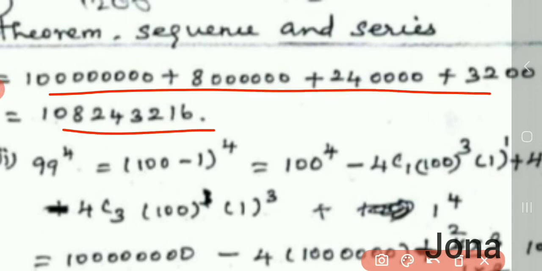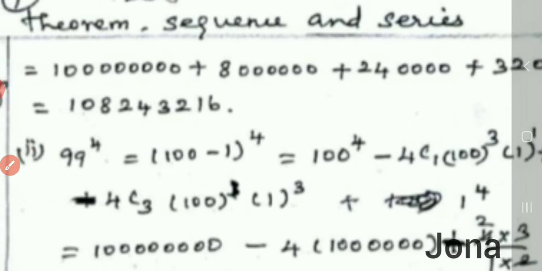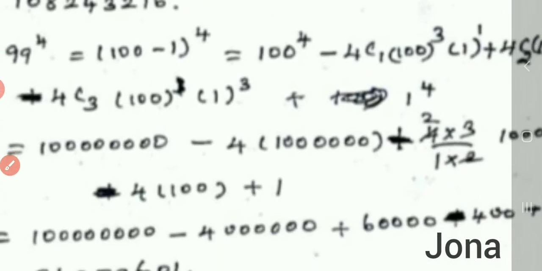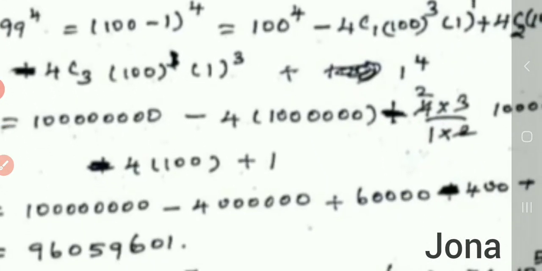The second division we have 99⁴. That 99 can be written in the form of 100 minus 1 here. In this, x is 100, a is 1 and n is 4.